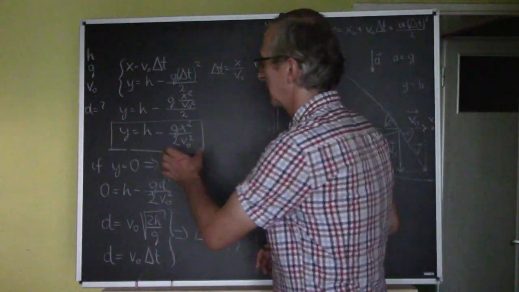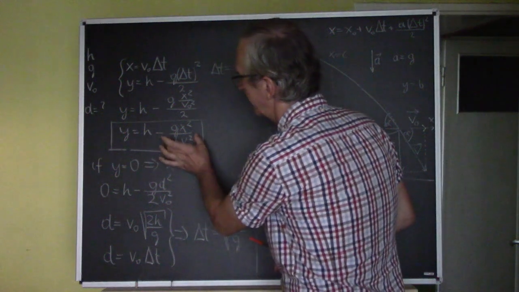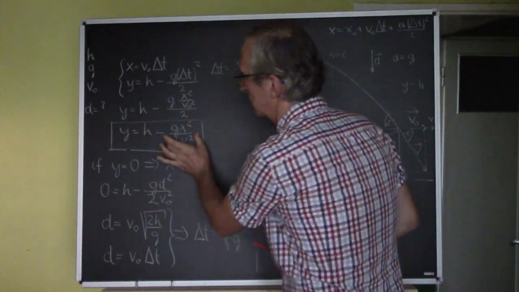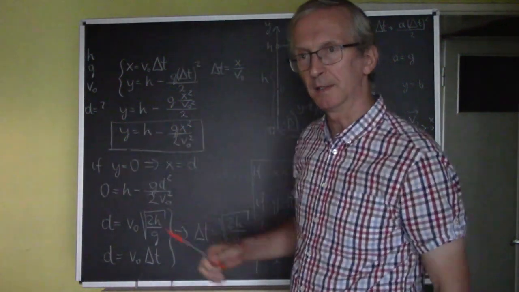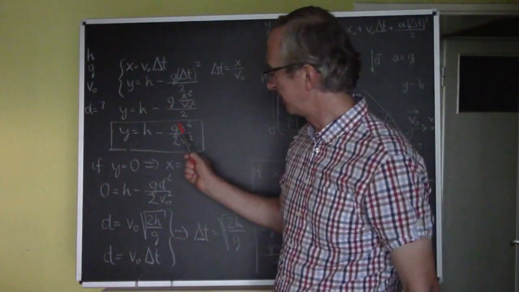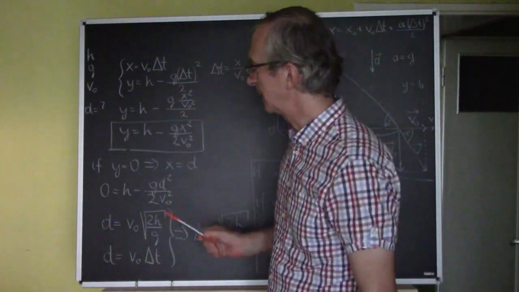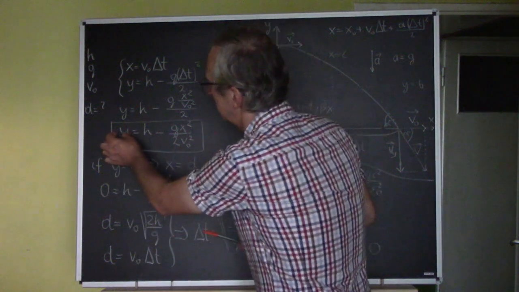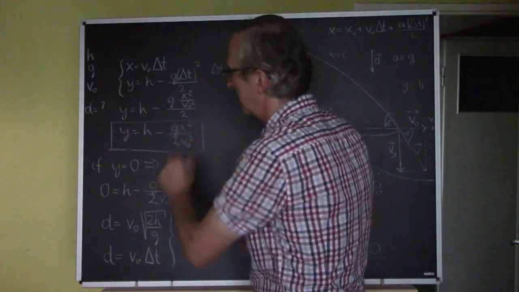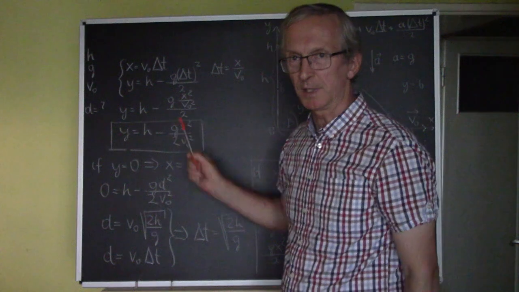Of course, we should take this expression to the left side. There will be plus in front of this expression on the left side, and b we take to the right side. It will be minus b here.